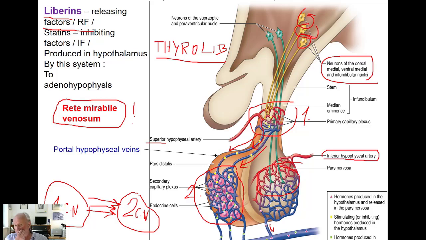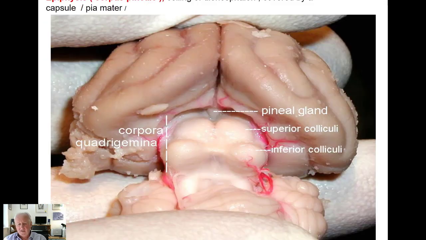So it's working. Each hormone produced here in the adenohypophysis has its releasing factor, of course, or liberine. I think it was enough about the hypophysis.